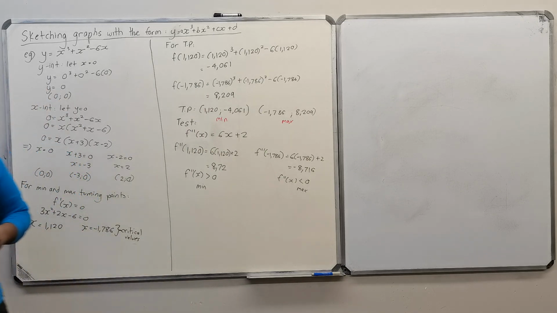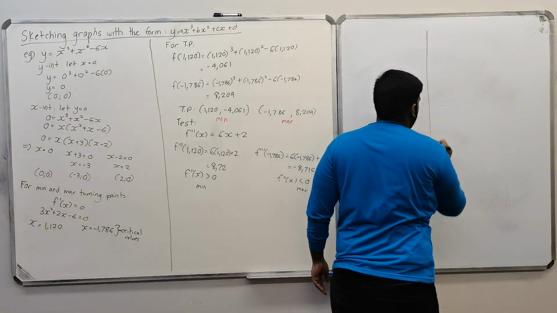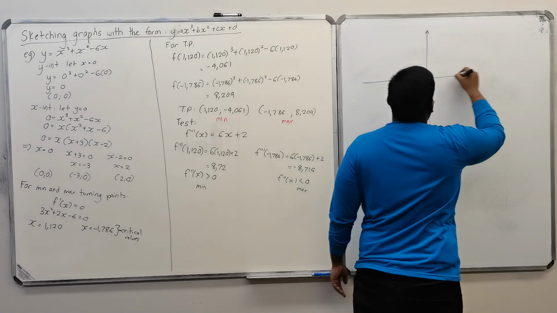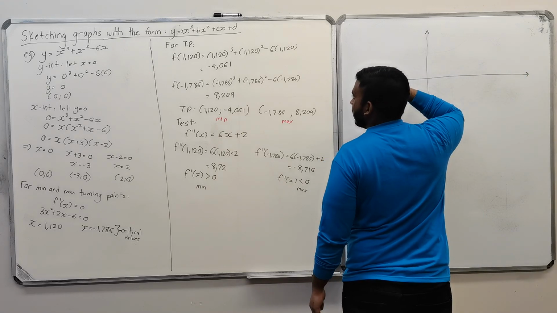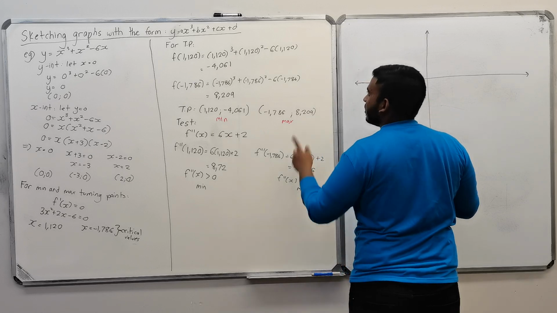So now that we know this, we know enough for us to plot our graph. You don't need the point of inflection because it's not actually going to help you draw the graph, right? So all you need to do is draw your graph.